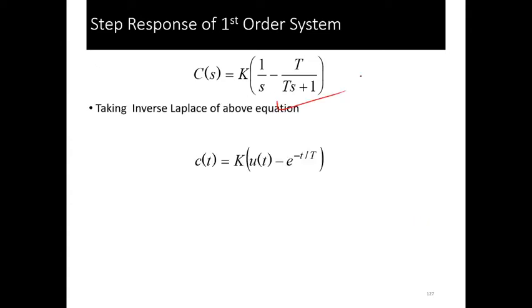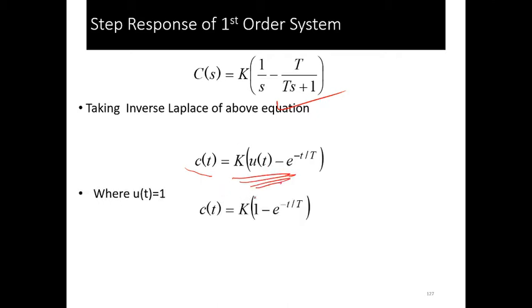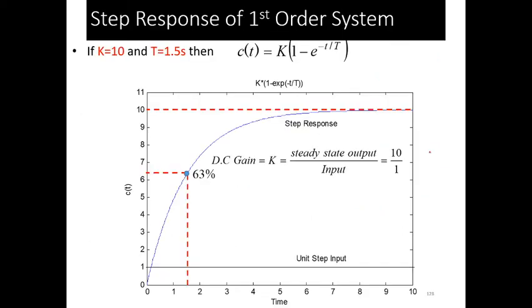Then when you take the inverse Laplace transform, you get this signal. What is the significance of this signal? It is nothing but c(t) = K(1 - e^(-t/T)). It is e to the power minus something, with the negative sign, so the response looks like this.